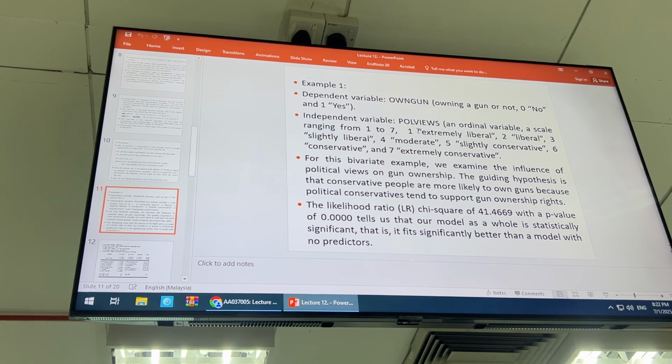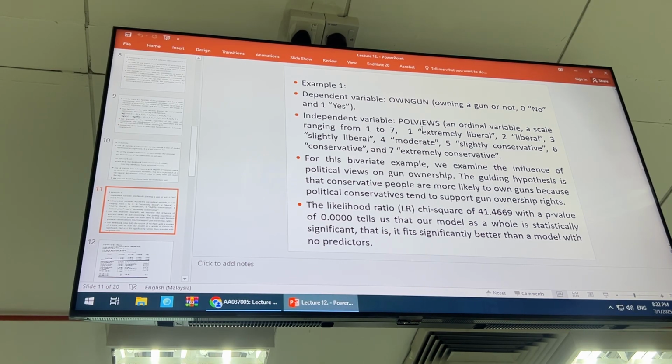Then we create a variable called political views. It is an ordinal variable, a scale ranging from 1 to 7: 1 is extremely liberal, 2 liberal, 3 slightly liberal, 4 moderate, 5 slightly conservative, 6 conservative, and 7 extremely conservative.